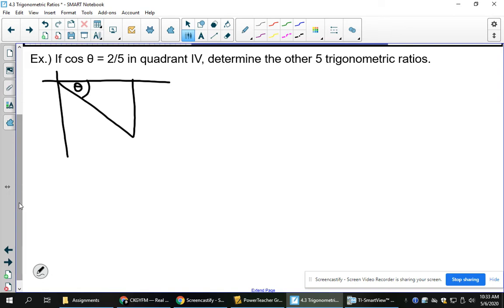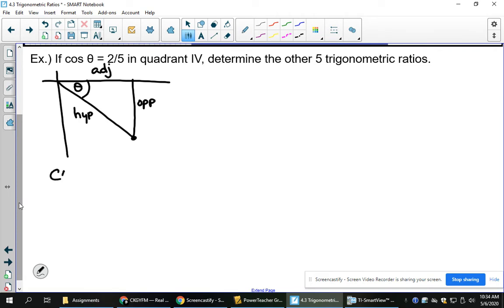Here's my reference angle. I've got a point on my terminal arm that I'm not actually told this time. That's okay. On this triangle, I have a hypotenuse, a side opposite of theta, and an adjacent.